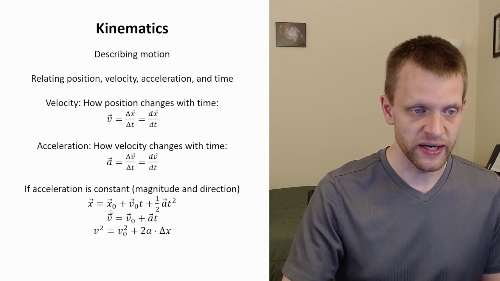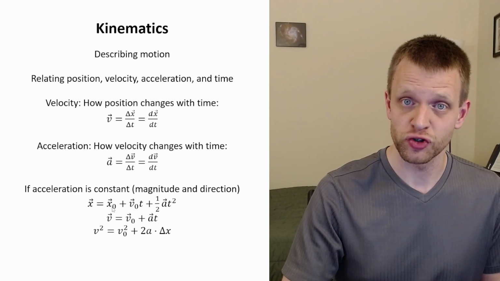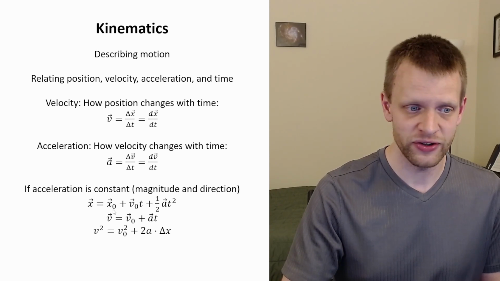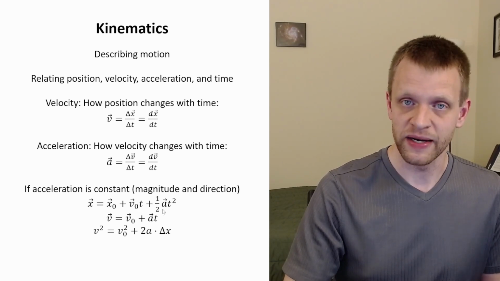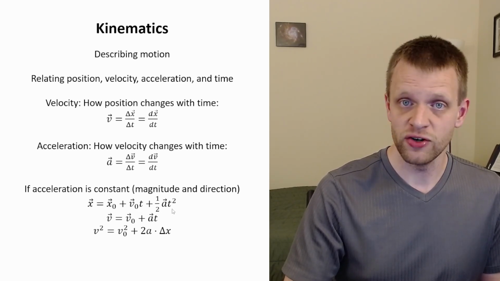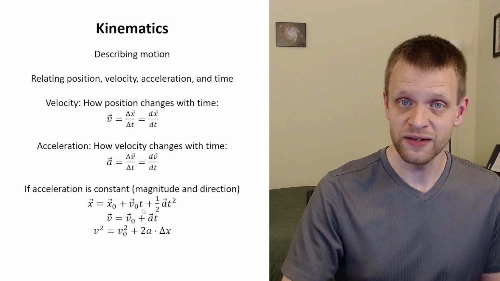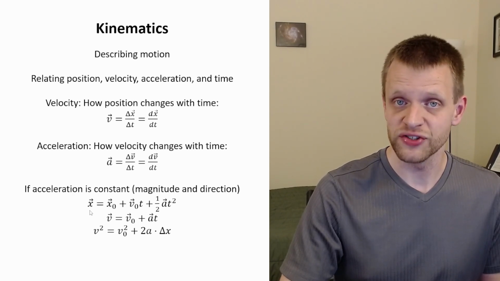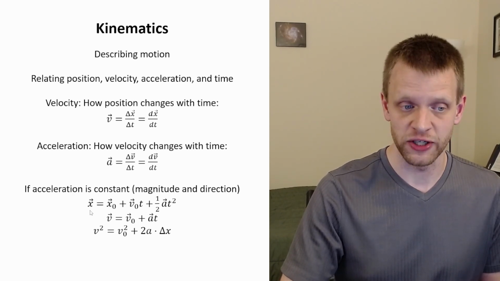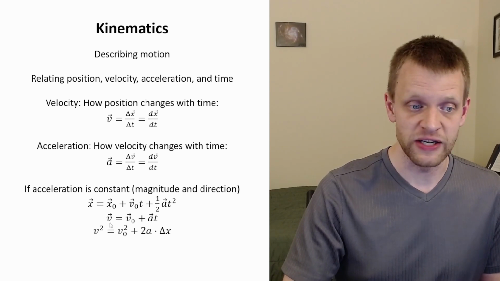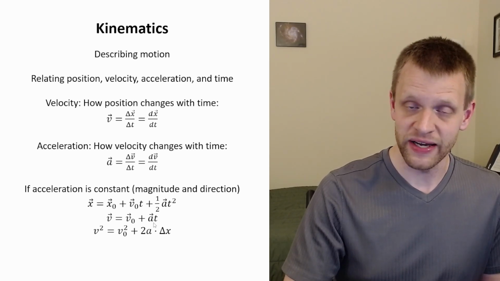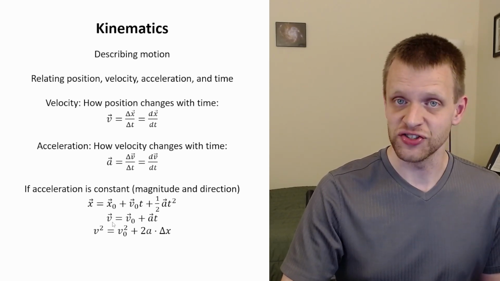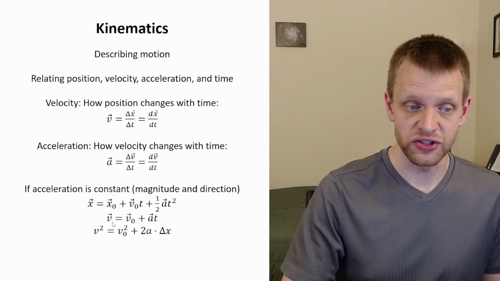So if I know my initial position, the little subscript 0 represents just initial values, and my initial velocity and my acceleration, if I know what time I'm interested in, I can figure out where that object is located. What is its position? Same thing for velocity. If I know what my initial velocity is and this constant acceleration, at any other time, I can plug in a time and say, this is what the velocity of the object is going to be.